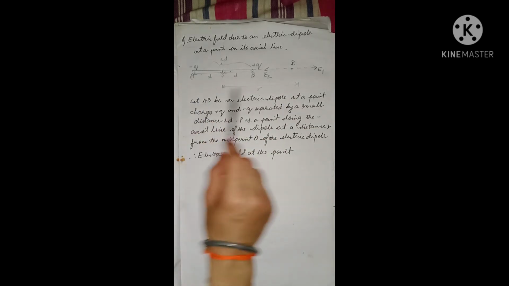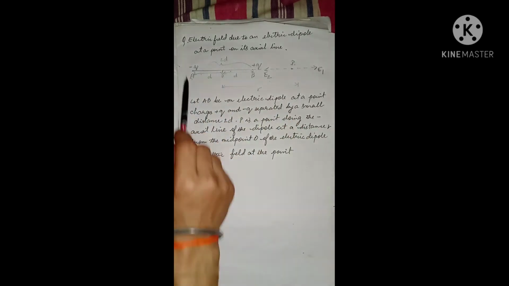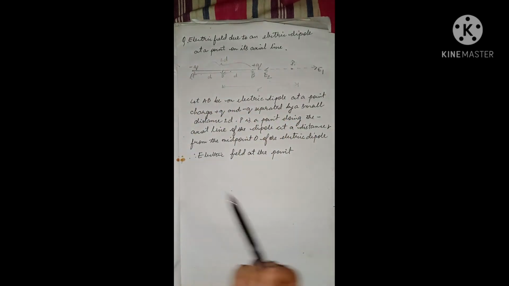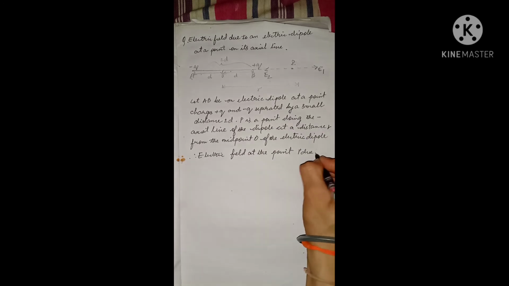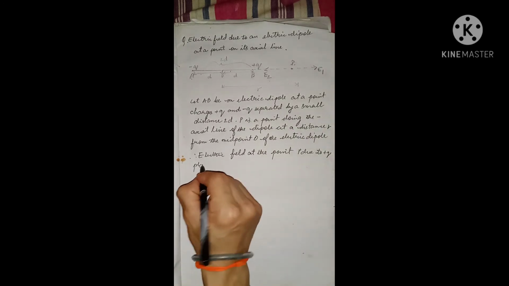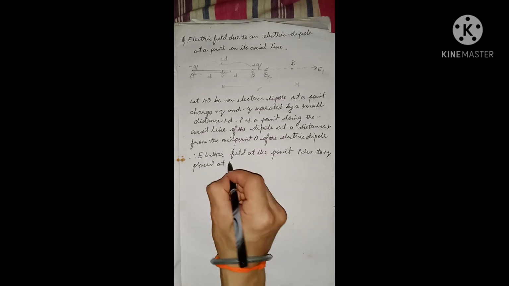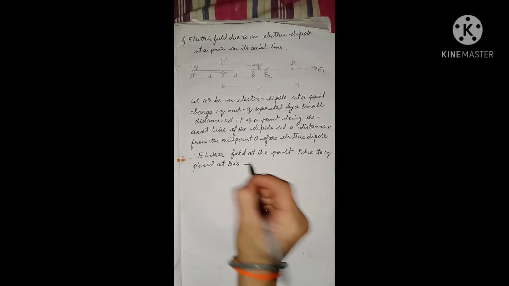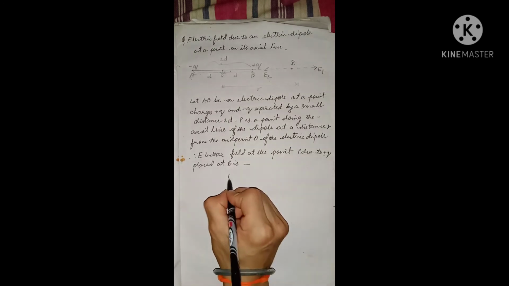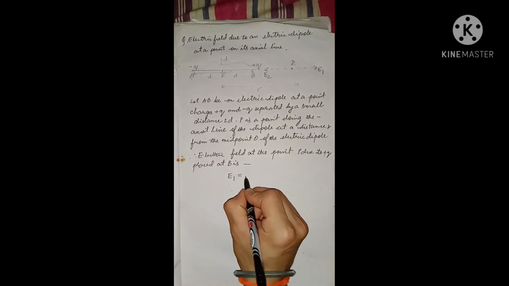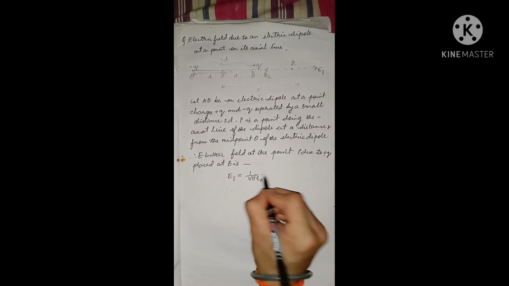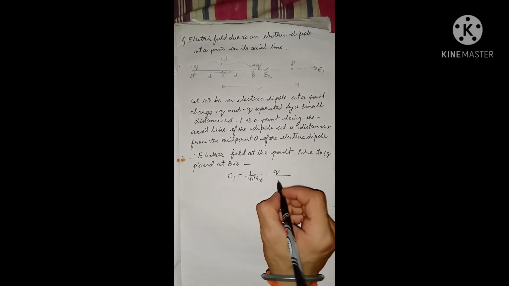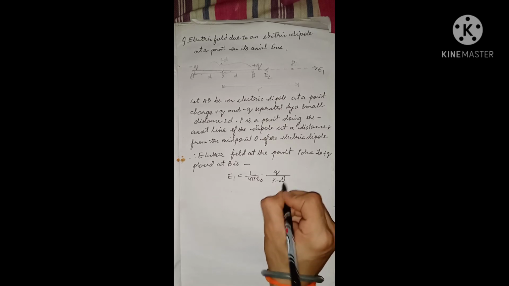Then after finding this, we will come to know about the resultant electric field. So let us find the field at P due to plus Q placed at B. If plus Q charge, then we can write that E1 is equal to 1 by 4 pi epsilon naught into Q by R minus D whole square.